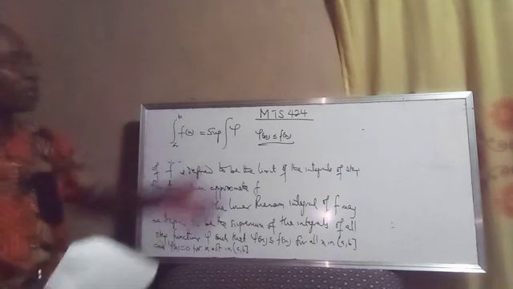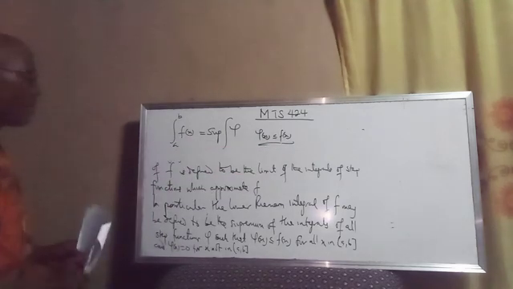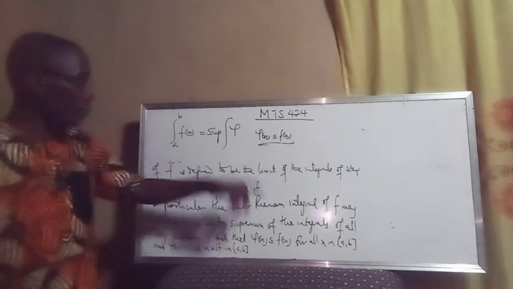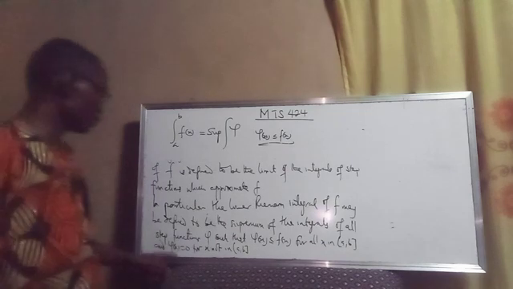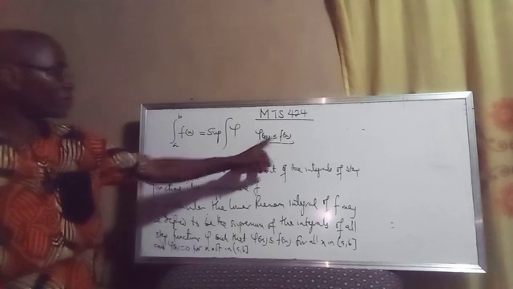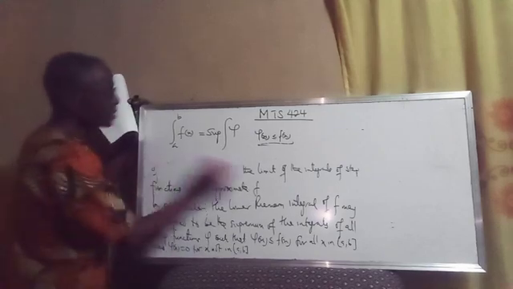This is when x is in the domain [a, b]. But if x is not there, don't forget the step function of x will be equal to 0. Now let's continue.